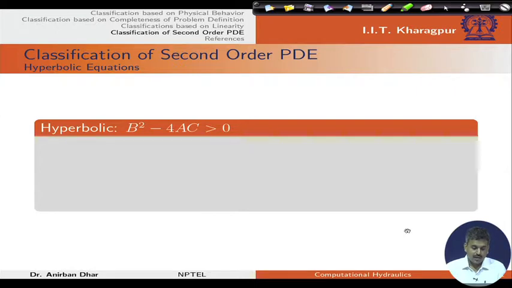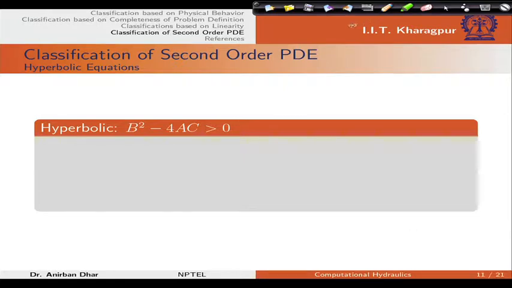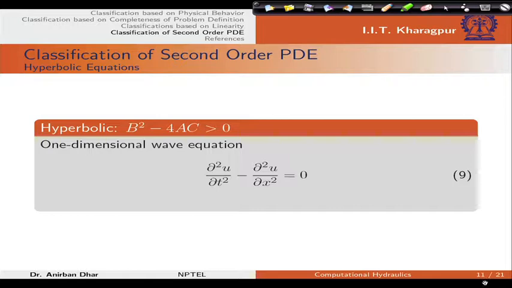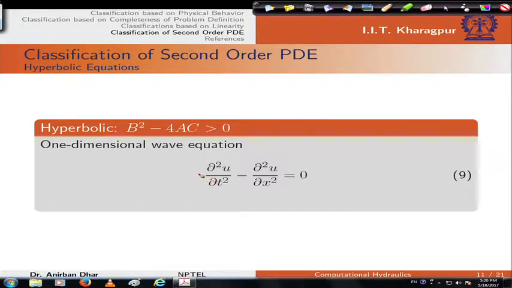Then hyperbolic equation, where b square minus 4ac is greater than 0. One dimensional wave equation. In this case we can see that u is a function of t and x, the coefficient is 1, and in this case it is minus 1.